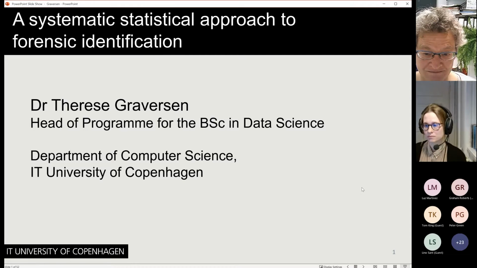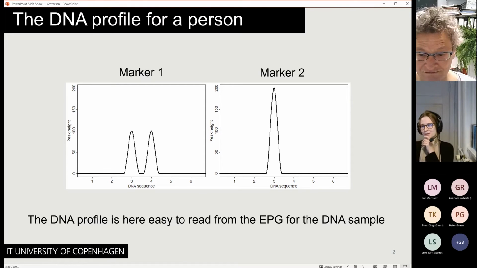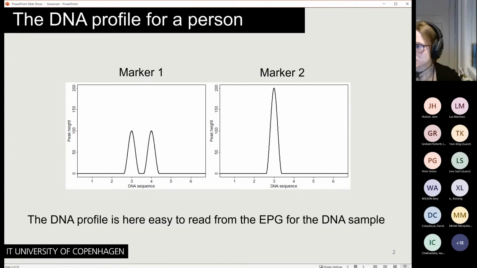Just to quickly set the scene, I'm not going to talk about DNA in general, but what I'll talk about today is exclusively STR marker systems. A DNA profile for a person is, in my case here, 16 of these images, so 16 measurements on a person's DNA.